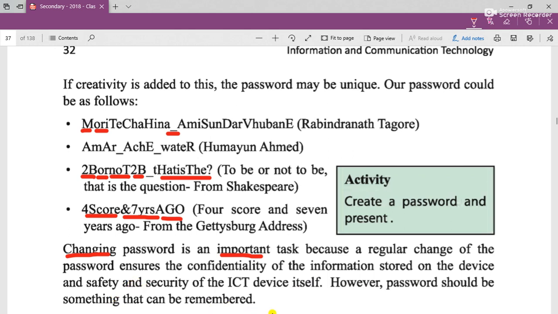So we have to create a password that is so unique, so long, and a combination of capital letters, small letters, and different types of signs. Because a strong password secures our data, our information, and everything. So it is very important to create our strongest password.